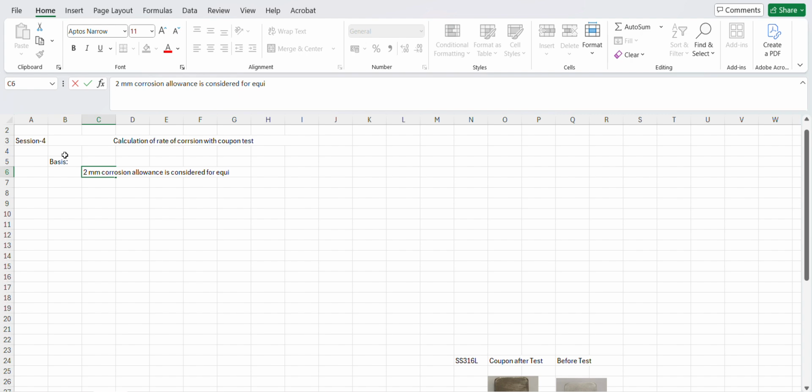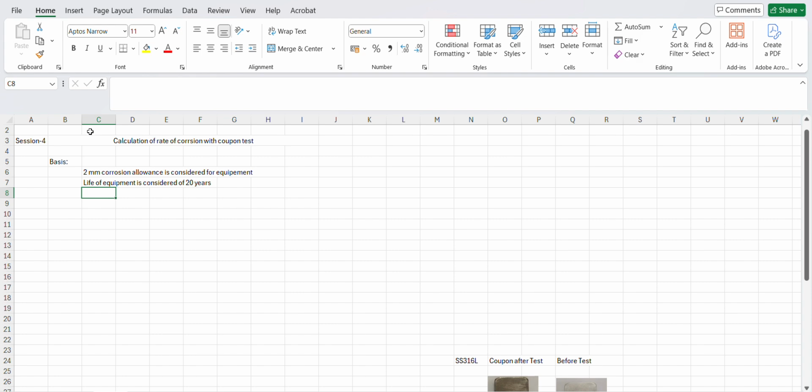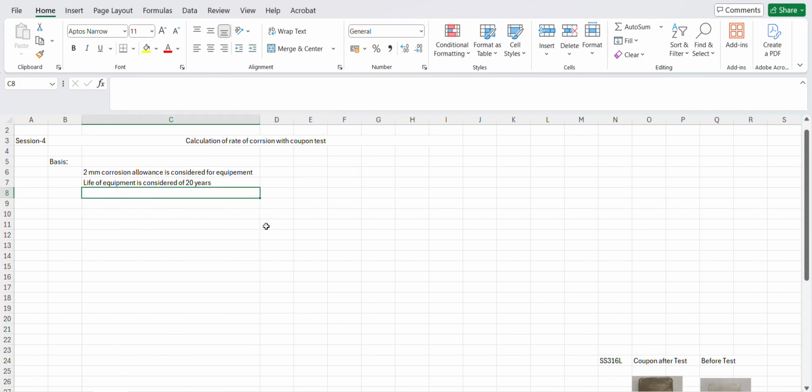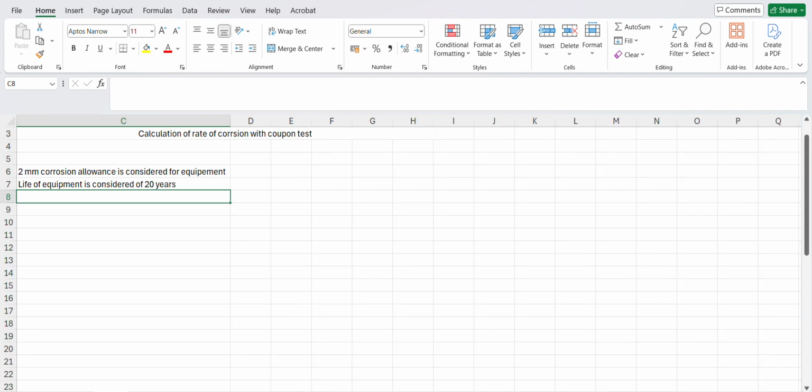While designing, we have considered 2 mm of corrosion allowance for the equipment. Also, the life of the equipment is considered to be 20 years. These are some basic assumptions for the calculation purpose.